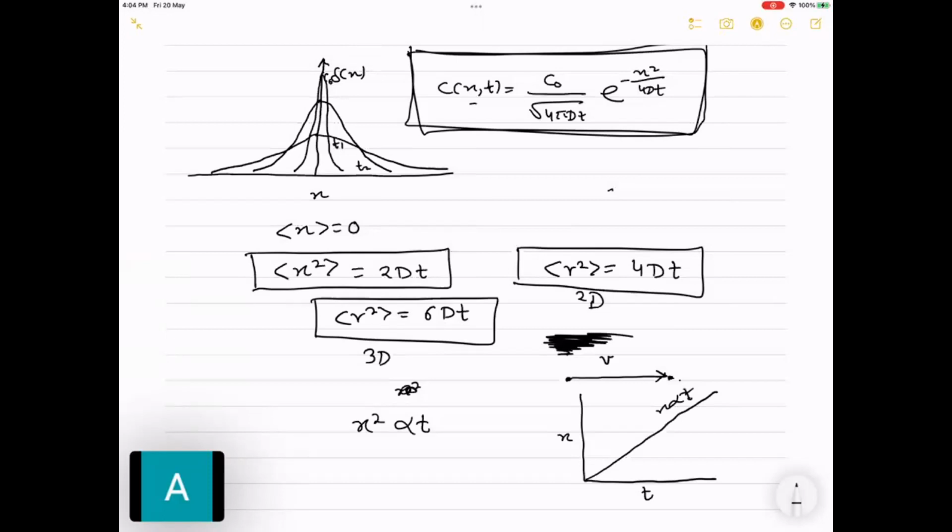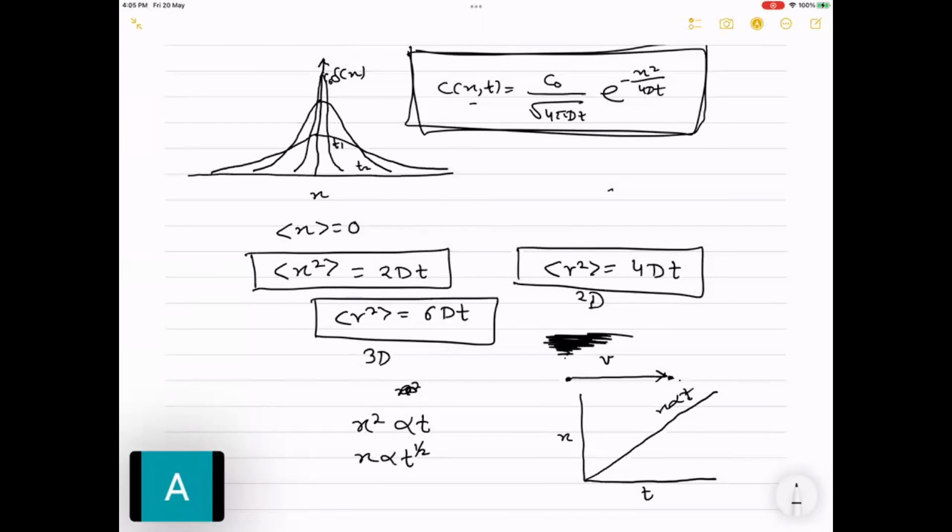In that case, it is not x which is proportional to t, but x square which becomes proportional to t, or x becomes proportional to t to the power half.